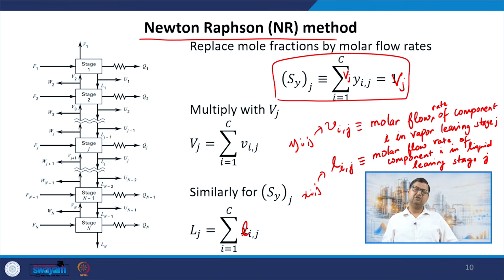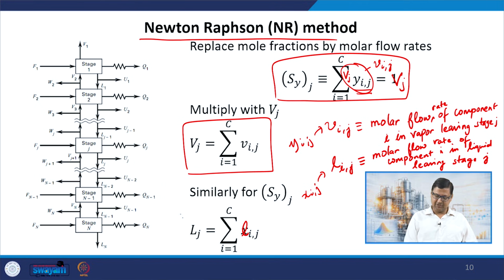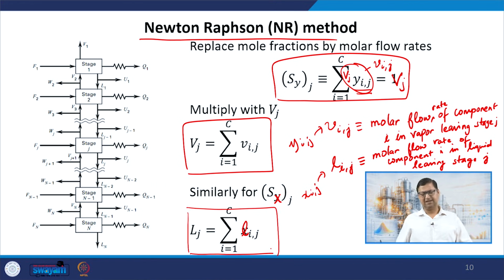Vj is the total vapor molar flow rate multiplied by the mole fraction of component I. So, this quantity is going to give me my Vij, that is the molar flow rate of component I in the vapor leaving the stage J. That is exactly what we did here. Same thing we can do for the x summation, and we are going to get the liquid molar flow rate Lj as sum over the liquid molar component flow rates, right.